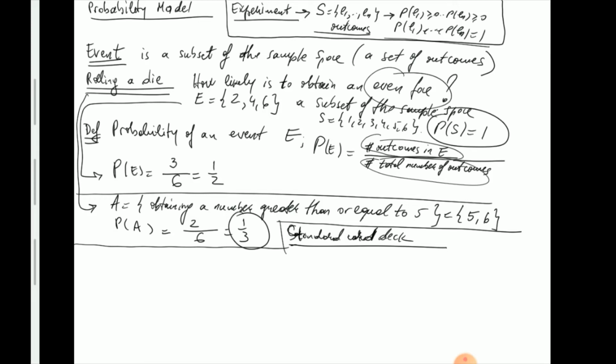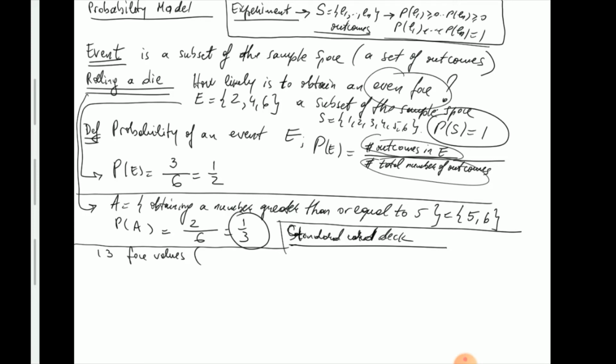So standard card deck. You have basically cards with a number or a figure, and each figure or number on a card has 4 suits. So we have in total 13 face values, which are either numbers or figures.